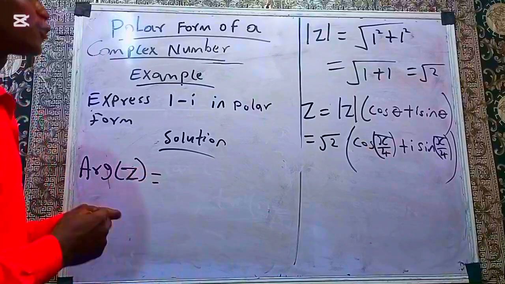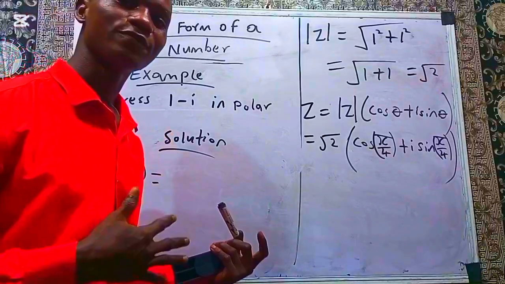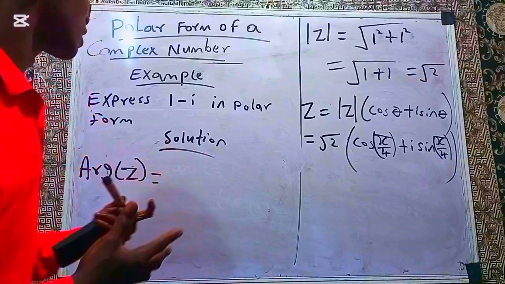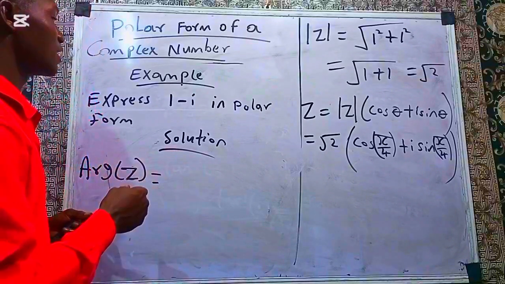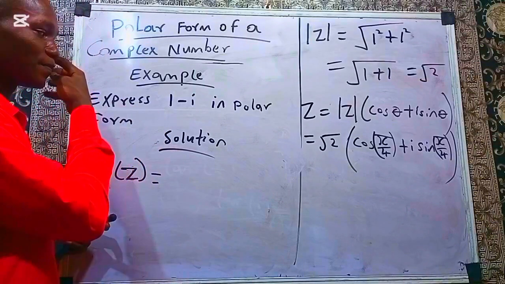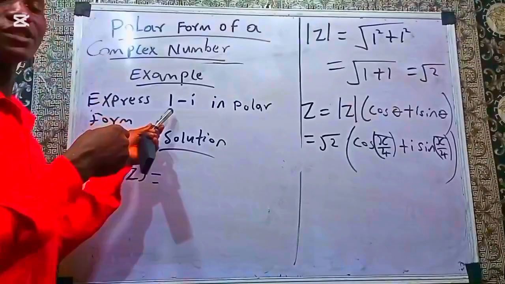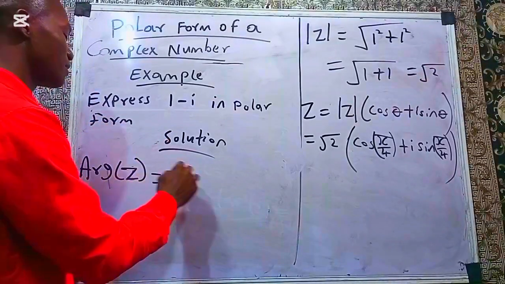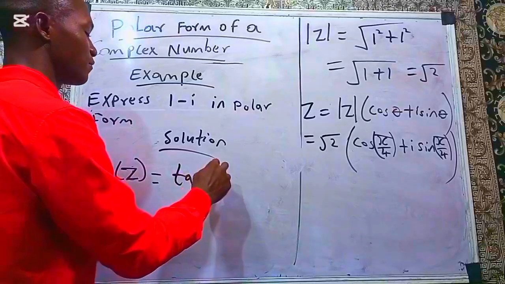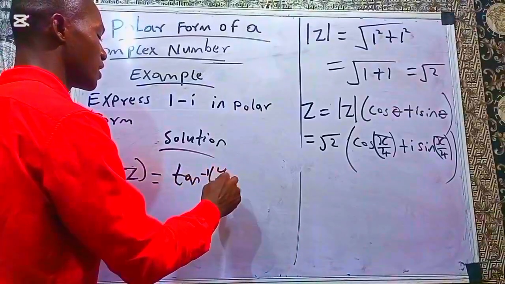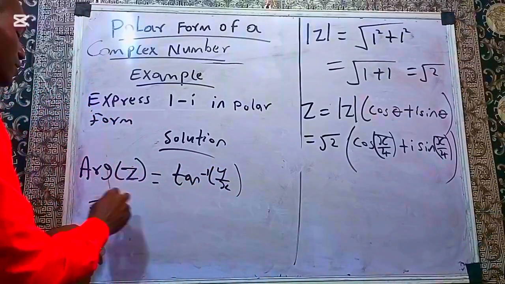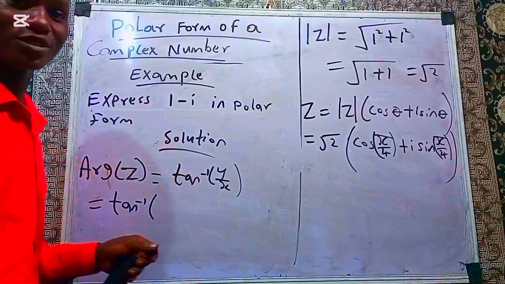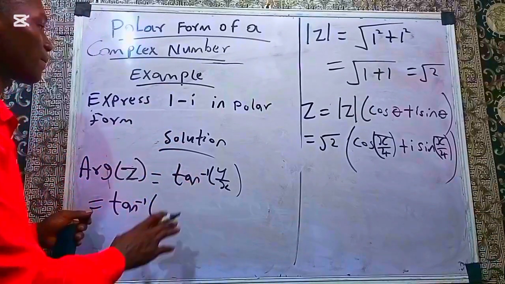I told you in our previous video, when I introduced the topic argument of a complex number, that if the real part is positive, the formula for the principal argument is simply tan inverse of y over x. Our real part is positive, that's why I'm using this formula.